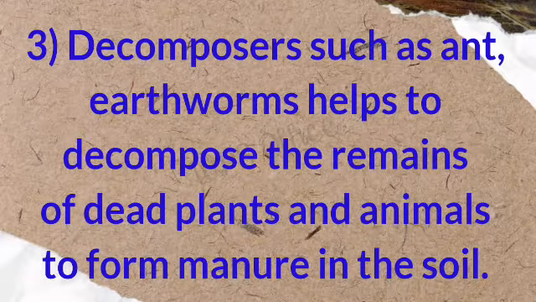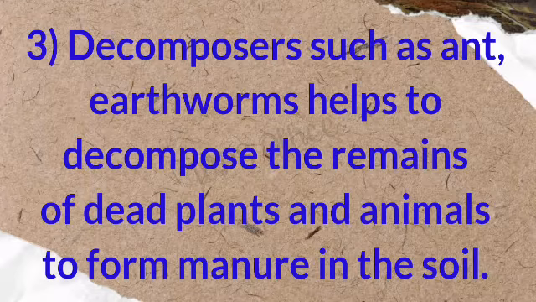Next, decomposers, which is the third classification of interrelationship between living things. Decomposers such as ants and earthworms help to decompose the remains of dead plants and animals to form manure in the soil.